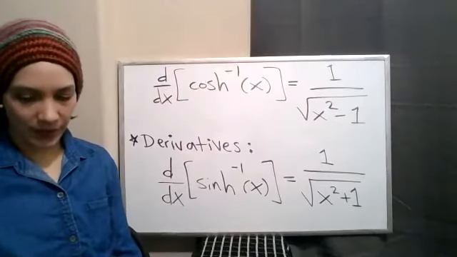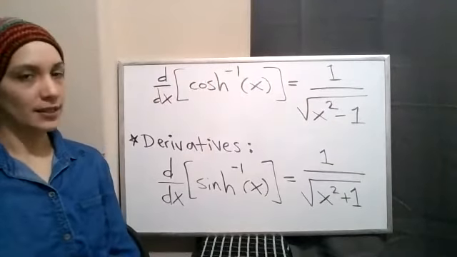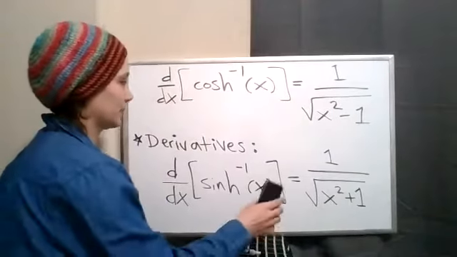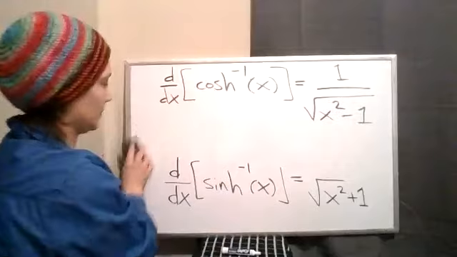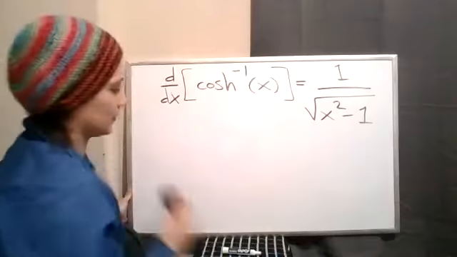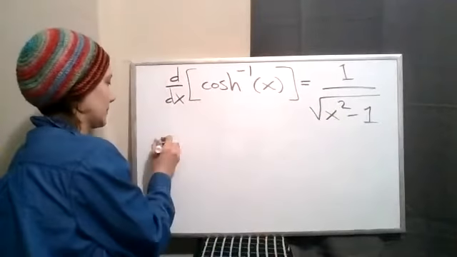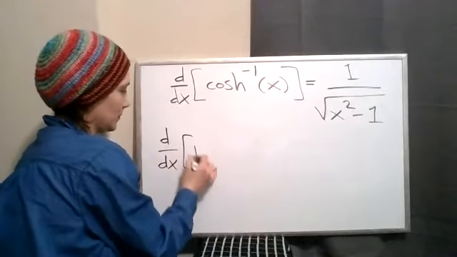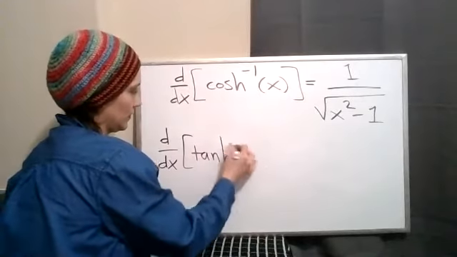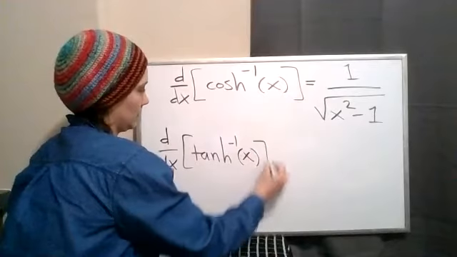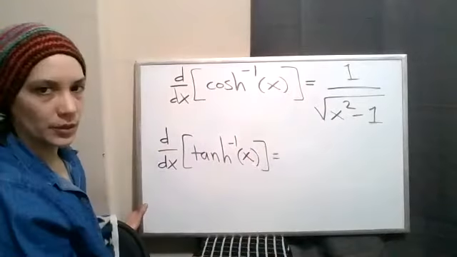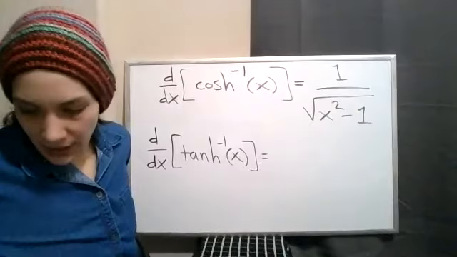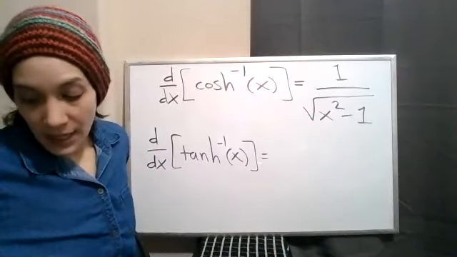Then the derivative of tanh inverse of x is equal to 1 over 1, I'm sorry, let me make sure I get it right, 1 over 1 minus x squared.